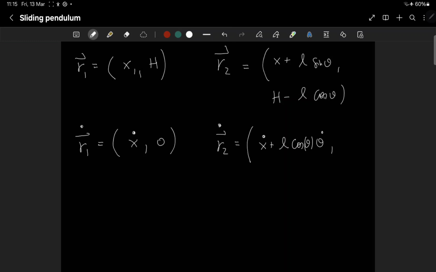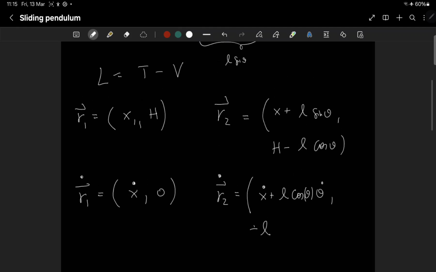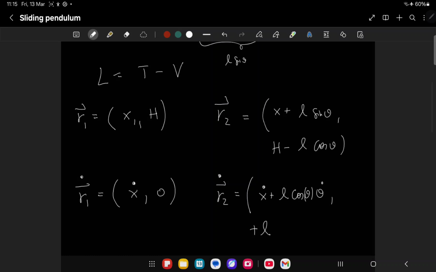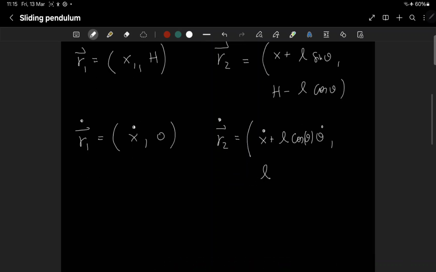Only the cosine theta depends on time. So you get minus L, and then the derivative of cosine is minus sine, so this becomes a plus. So we can remove the plus sign over here: plus L sine theta times theta dot. And that's it. We now have the velocities of the two masses.